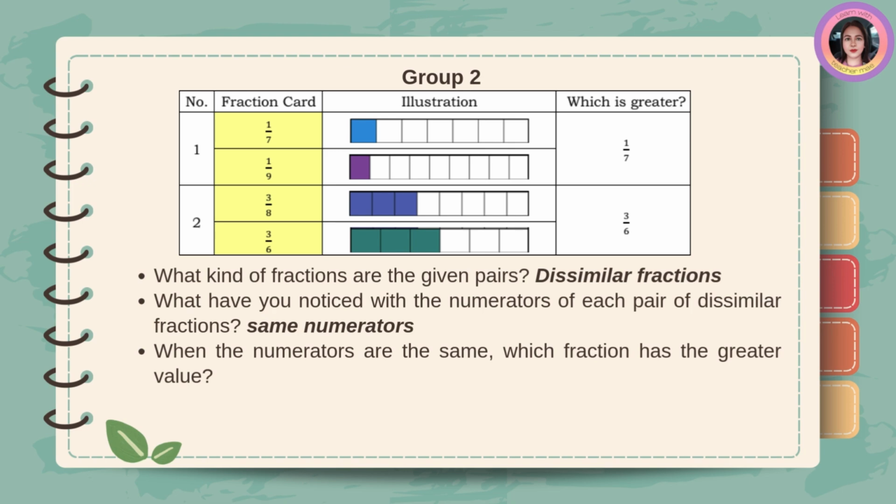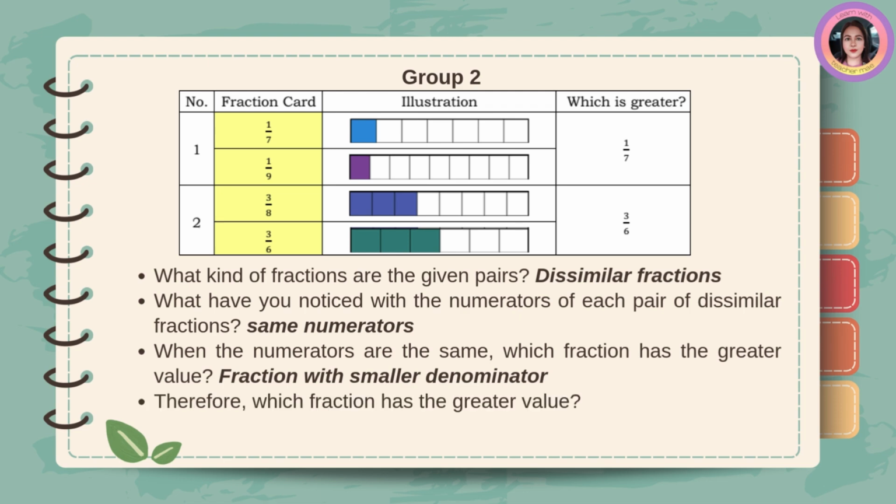When the numerators are the same, which fraction has the greater value? Therefore, which fraction has the greater value? Which fraction has the smaller value?